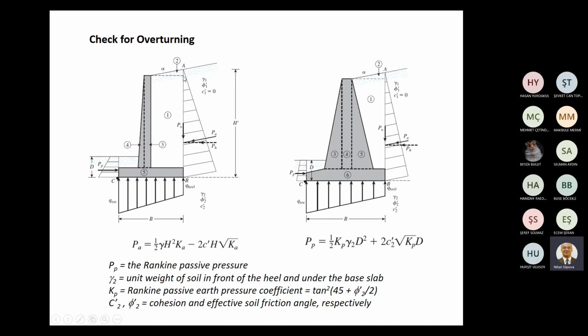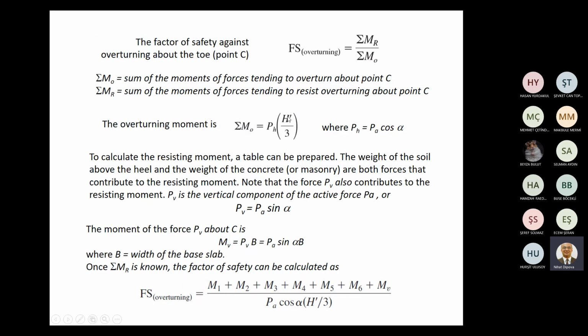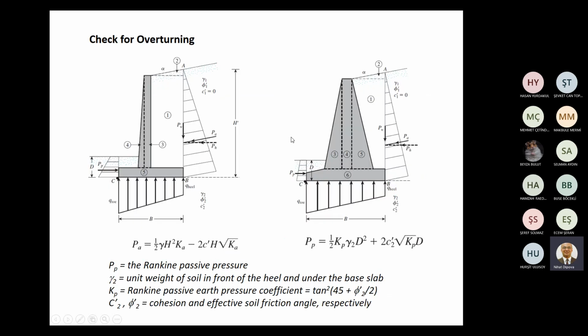Because the distribution is triangular, at 1/3 of the wall height, H prime over 3. And please note that H prime is not the height of the wall only. We will add this portion if the soil behind the wall is sloped. It's H prime.